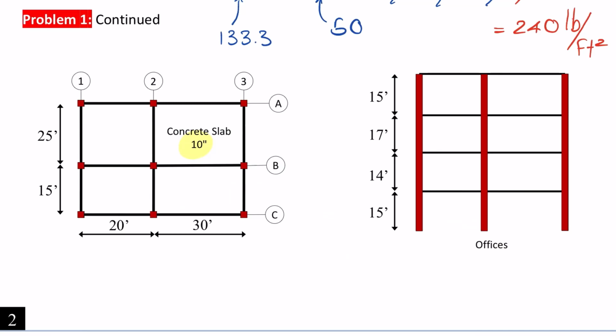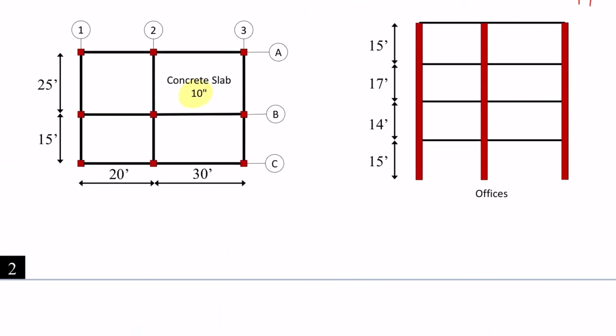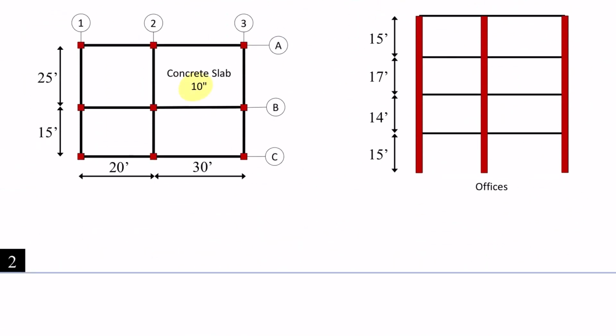Now we need to calculate the load on all the beams over here. First of all, we need to list all of the beams. The way I will show you to name the beams in this problem is to use the grid lines. This point is the intersection between A and 1.